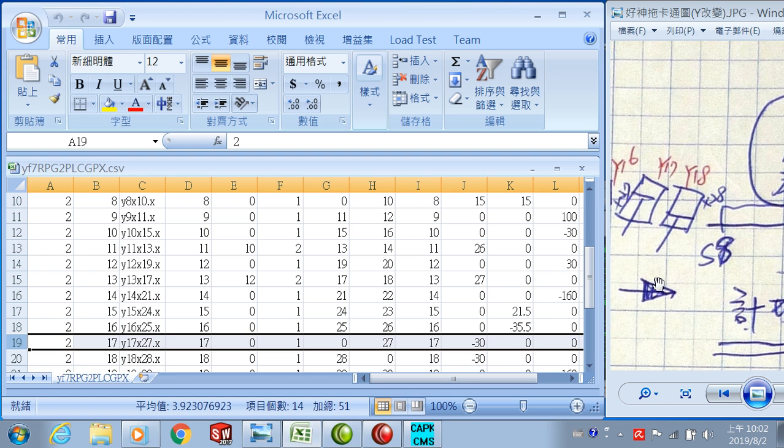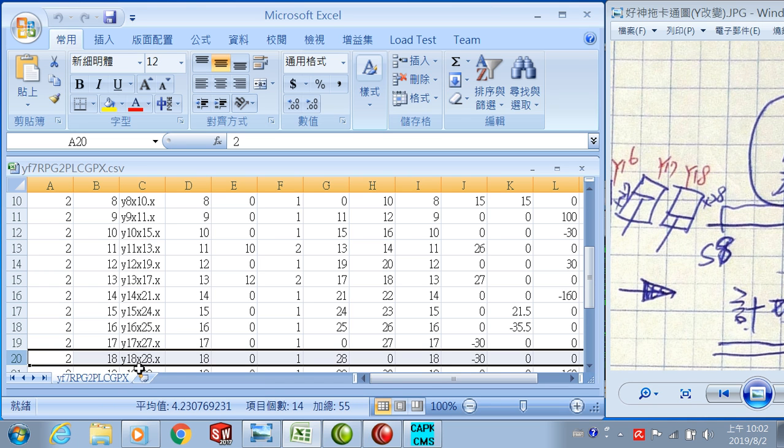Okay, the last one is Y18 S28. This one. The definition is the lower limit sensor input 28.